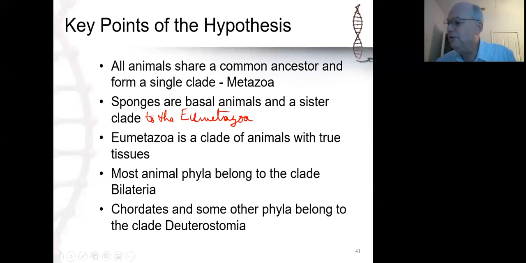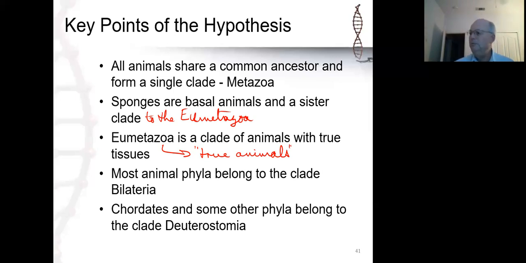So eumetazoa means true animals. That comes from the prefix EU, as a Latin term.